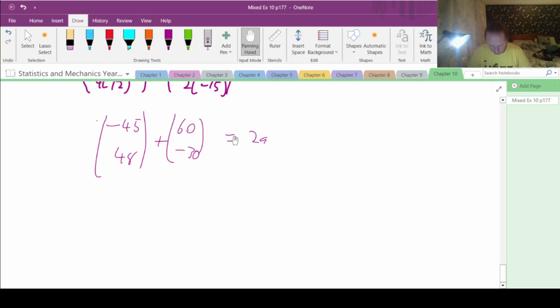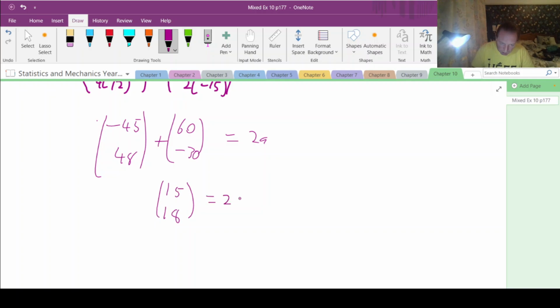So 60 minus 45 is 15, and 48 minus 30 is 18. So 15 over 18 equals 2a, and so half of both of them: 7.5 over 9 is equal to a, dividing by the 2 there.